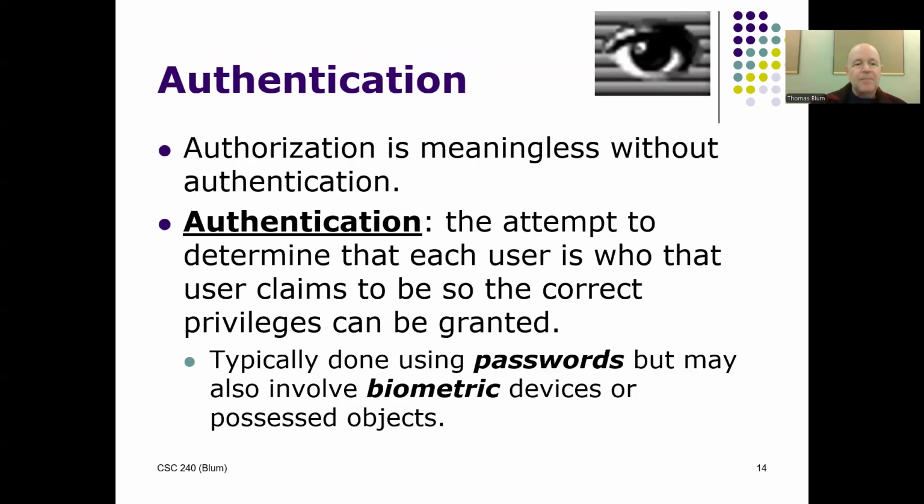Once you've established your authorization, then you've got to start looking into authentication. We said this user can do this thing, but how do we know this user is who they say they are?